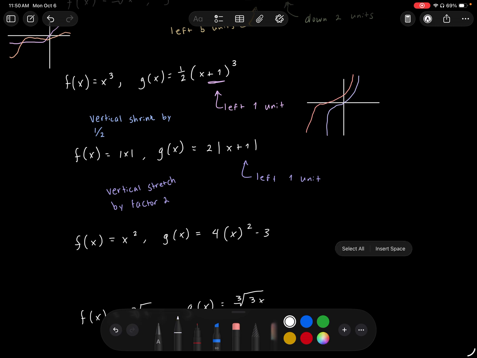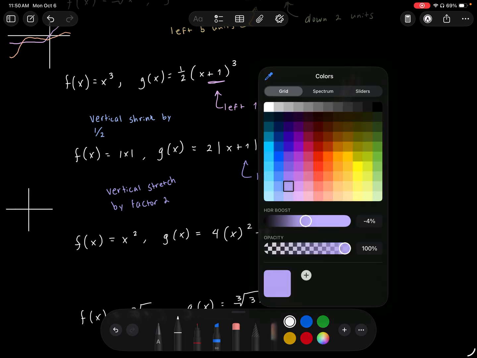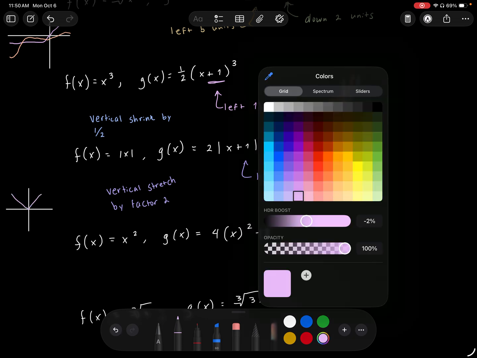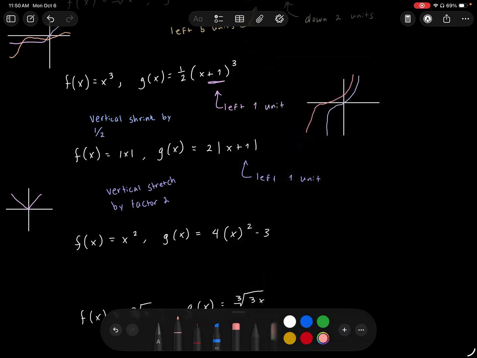Graphically, you're looking at something like this. That's not it. I thought it would work. You're looking at something like this and shifting.